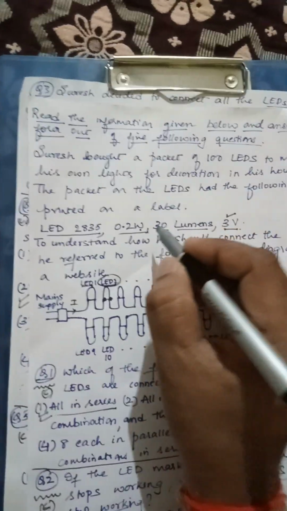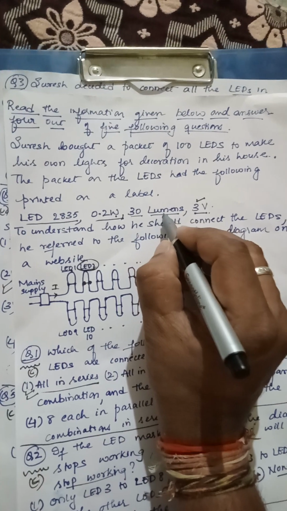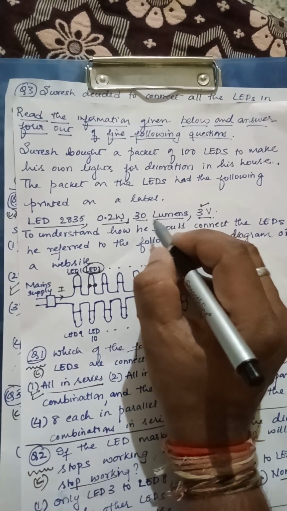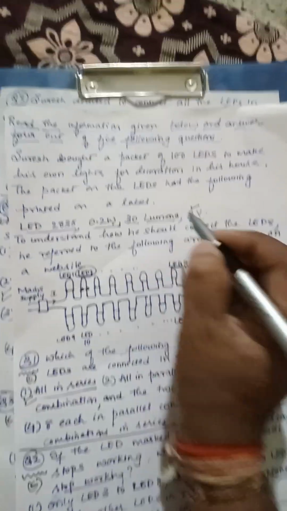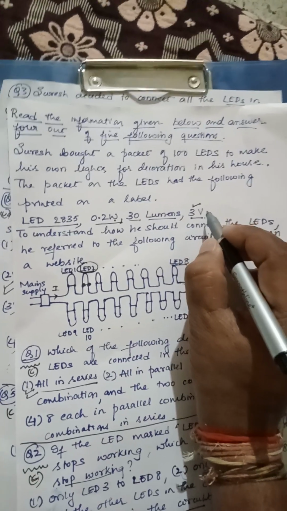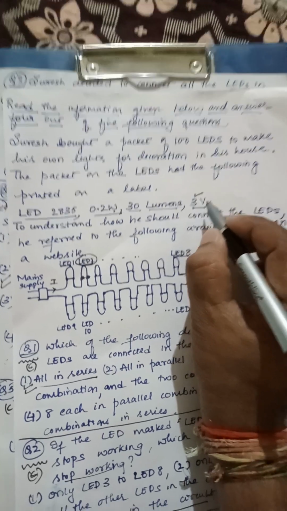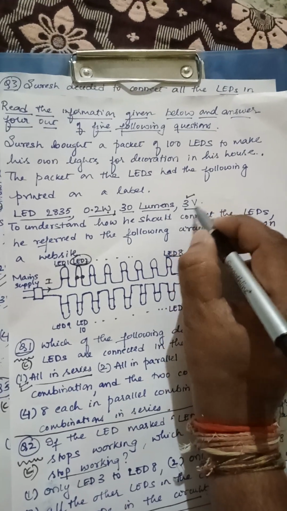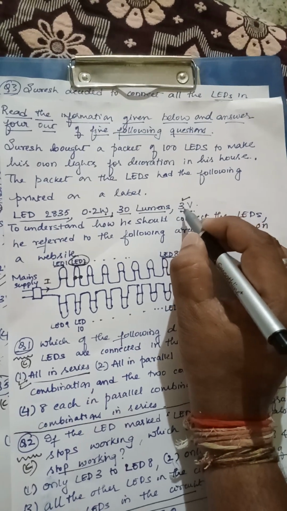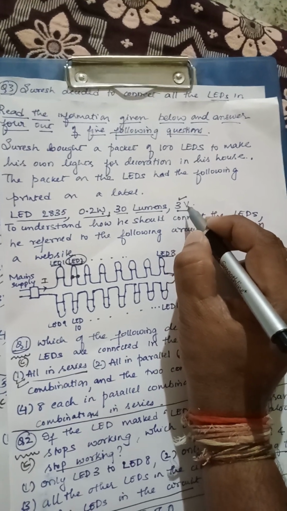Watt is the SI unit of power, and lumens is the SI unit of intensity of light. It tells how brightly the LEDs glow. And V stands for volts, the SI unit of potential difference. So the potential difference across each LED is given, that is 3 volts.